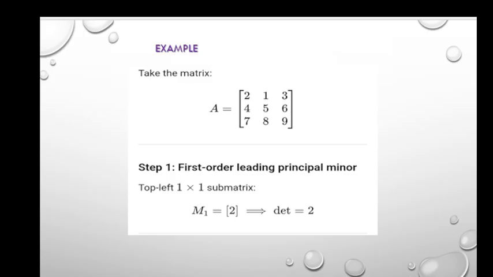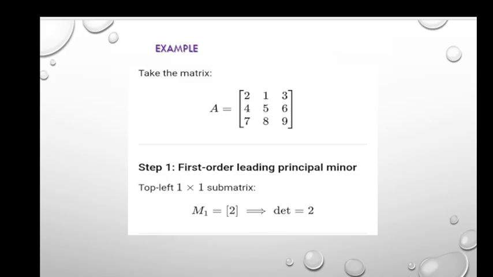If we delete second row, we have to delete corresponding second column. So the remaining matrix is 2, 3, 7, 9. We have to find the determinant of that matrix. Similarly, if we are deleting third row, we have to delete third column.